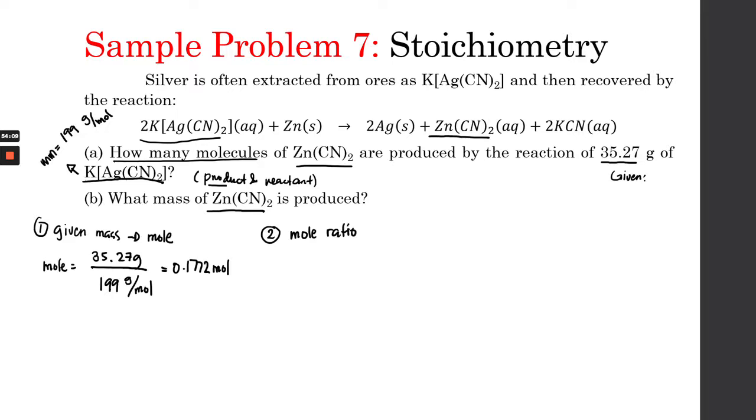In this case, we need the product and reactant mole ratio. We know that 2 moles of KAg(CN)2 is equal to 1 mole of Zn(CN)2.